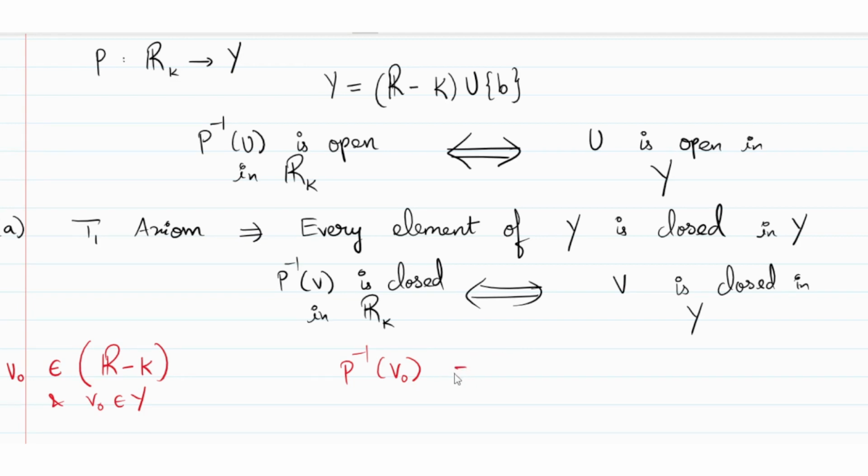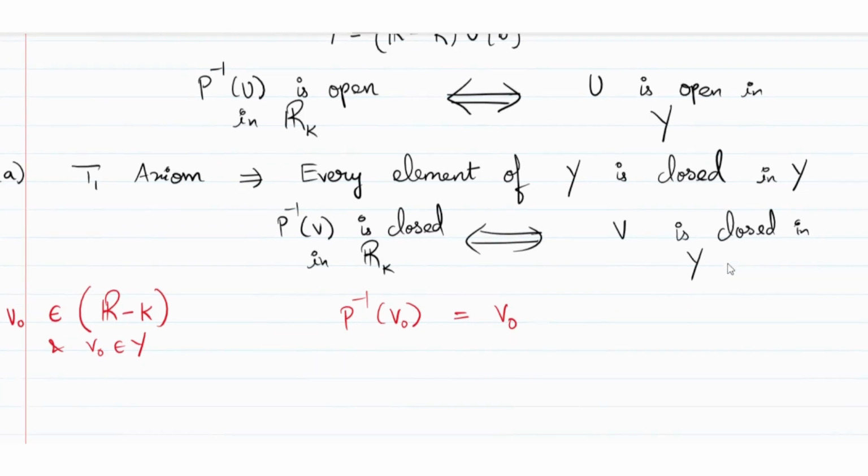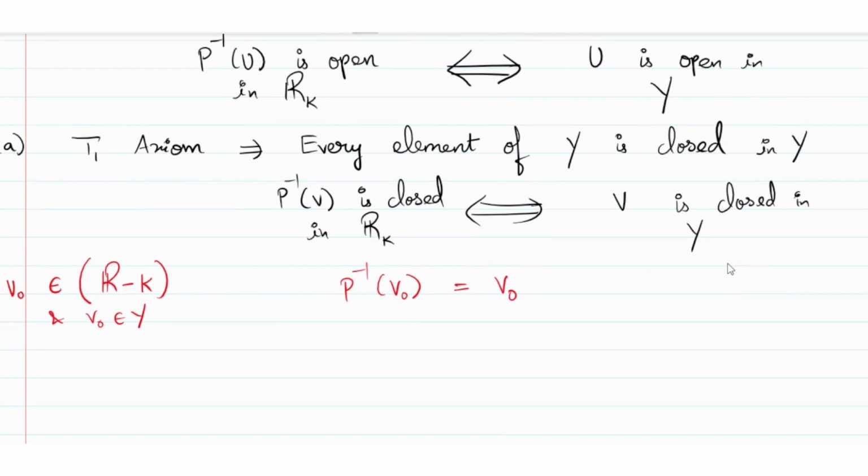So P inverse of v naught is actually v naught, because only v naught can map to v naught. It is in R minus K, and only points of K are collapsed. Since v naught is in R minus K, it will not be collapsed, and hence P inverse of v naught is v naught. And we know that v naught is closed in Rk.